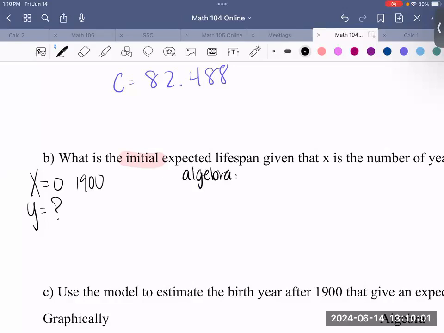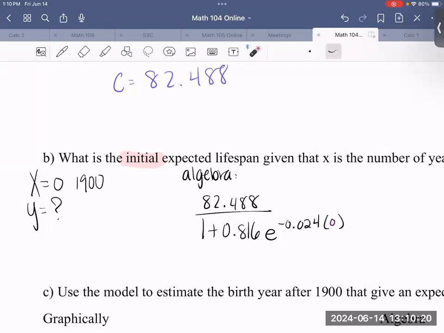we said we can do this when x is equal to 0, 0.816 e to the negative 0.024. And when x is equal to 0, that does not zero this whole thing out.